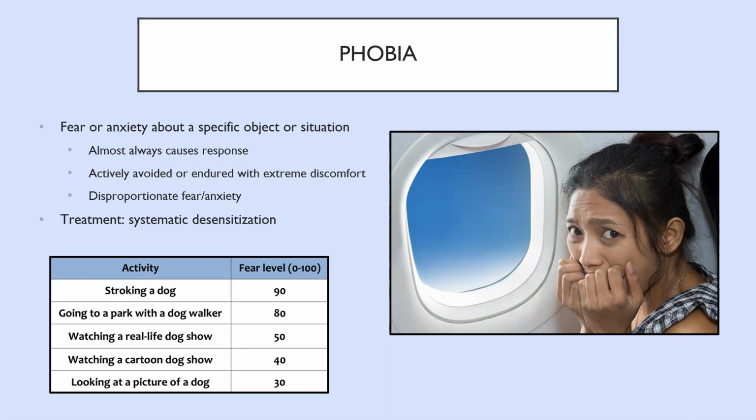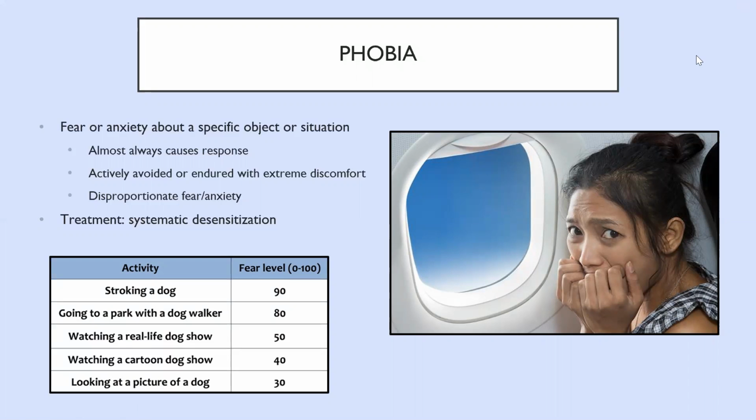It's actively avoided or endured with extreme discomfort. Someone might actively avoid ever flying anywhere and drive everywhere they need to travel. Or if they do fly, they endure it with extreme discomfort. And there is disproportionate fear and or anxiety for what the threat actually is.